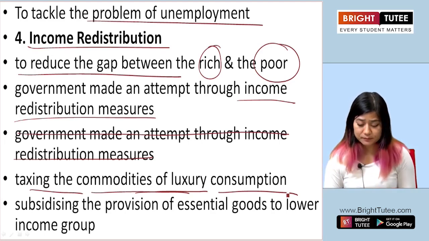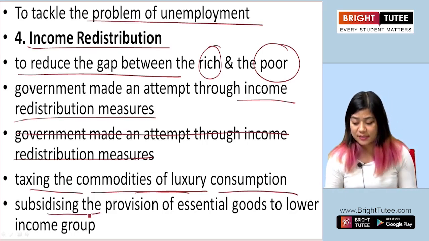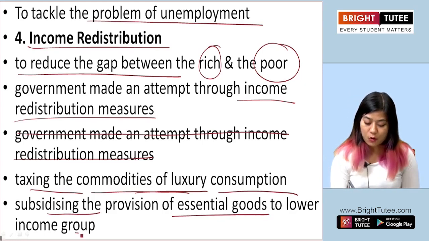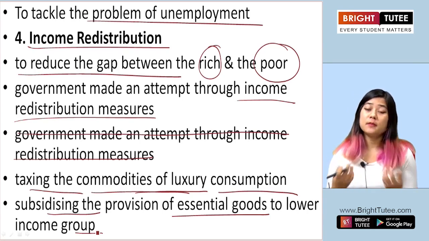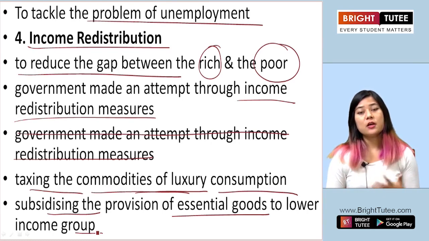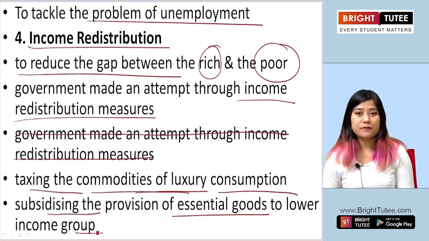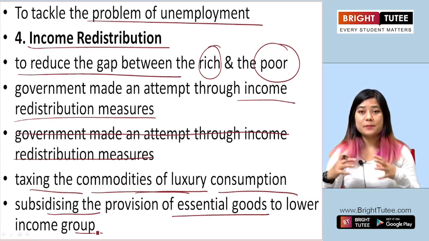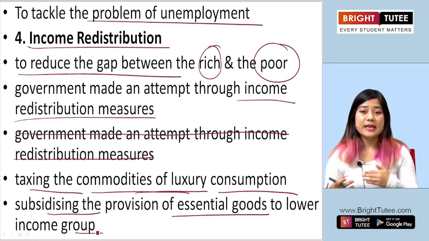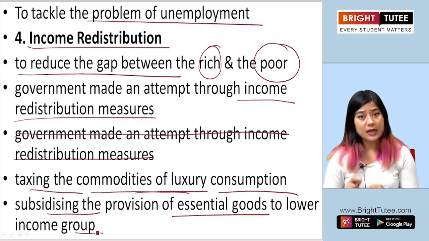And the government subsidizes some essential goods for the lower income group. Now, the lower income group, people who do not earn much money, cannot afford certain things. They cannot purchase certain goods for themselves, for their family. The government plays an important role by making sure that the people who do not earn much will be able to afford certain goods, consume certain articles.